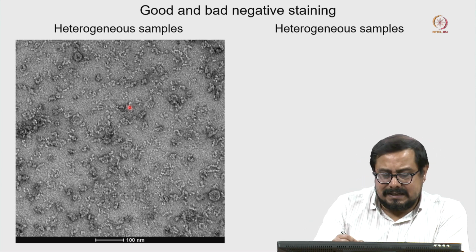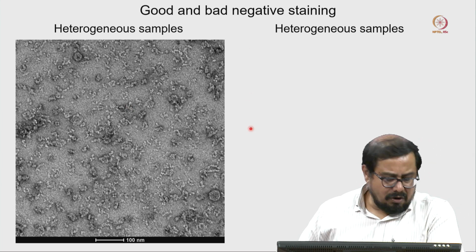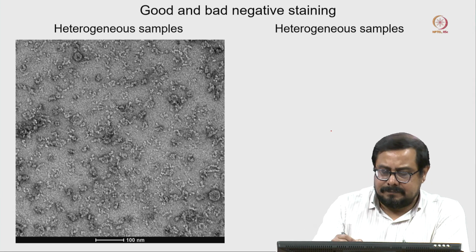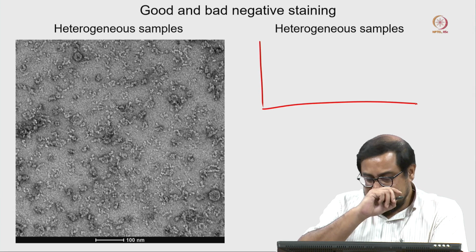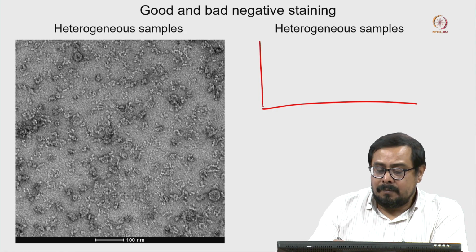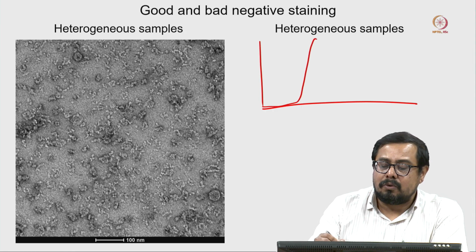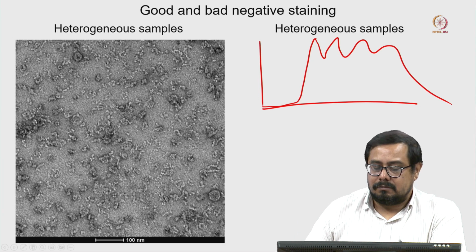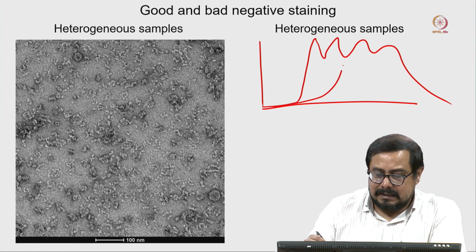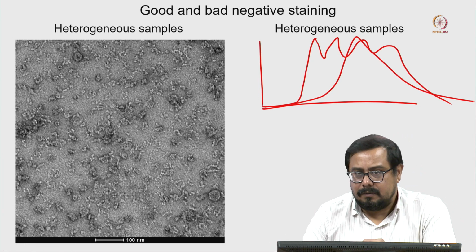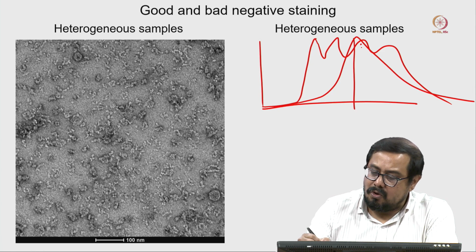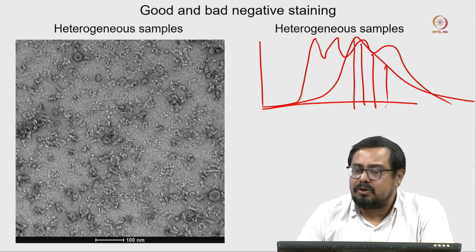If we consider the SEC profile, which I have discussed many times, when we purify this protein we will get this kind of peak, or sometimes this kind of peak. Molecular weight-wise it is going to separate.